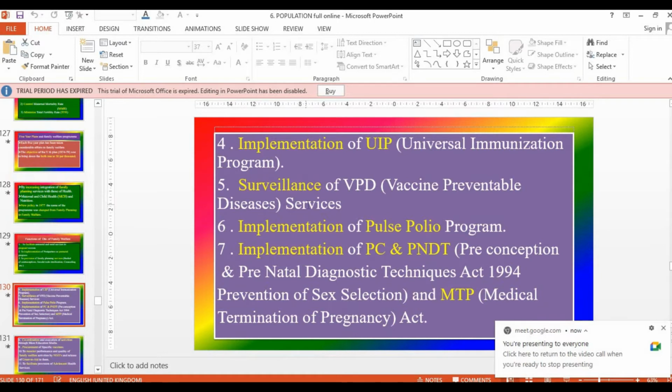Fifth one, surveillance of BPD, vaccine preventable disease.